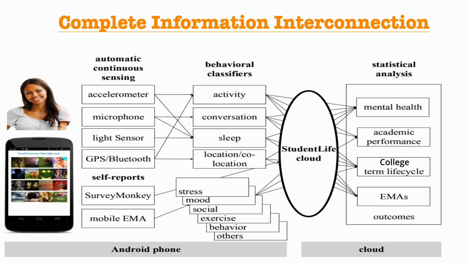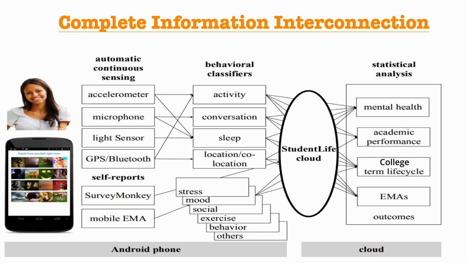On top of automatic continuous sensing, we have behavioral classifiers which will classify the data into any of the four types, namely activity, conversation, sleep, or location. Now coming to the other type of sensing data, which is self-reports. These reports are collected based on the answers given by the students who participated in the survey.